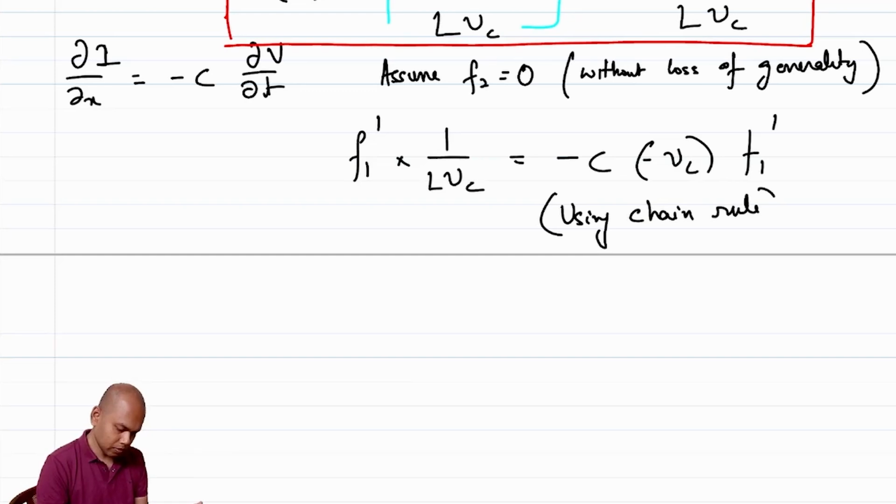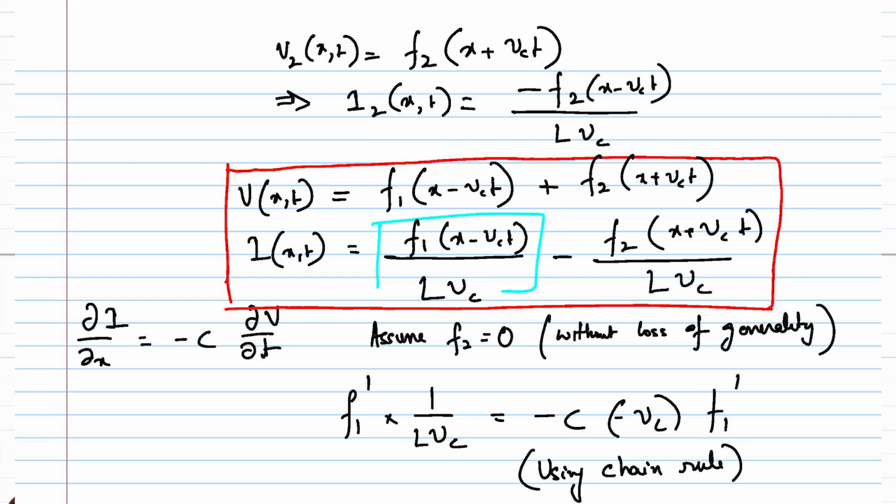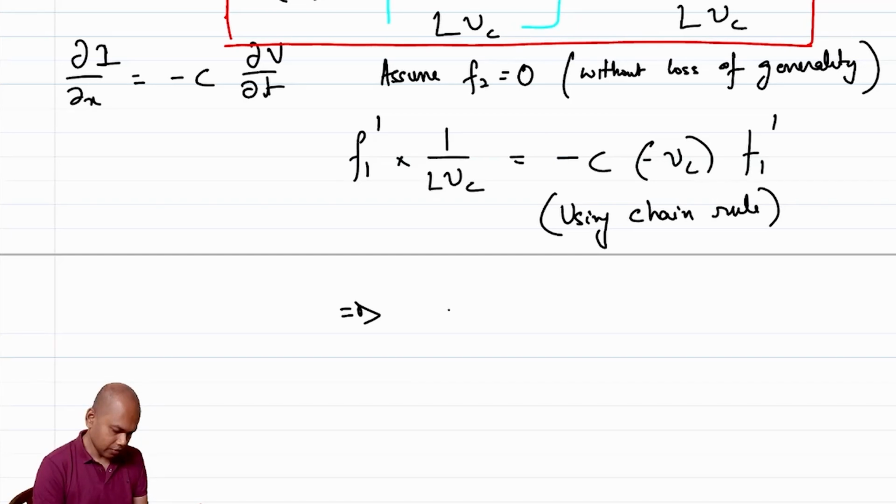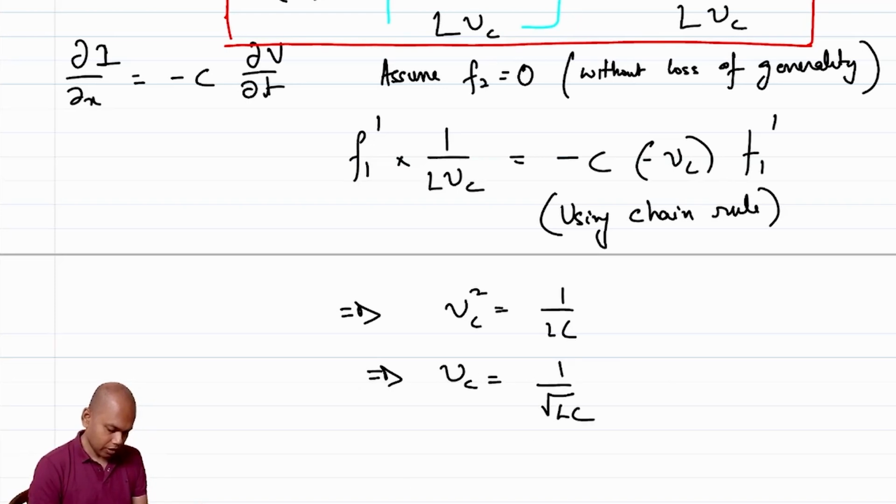So you essentially get VC square to be equal to 1 by LC, or VC to be equal to 1 over under root LC. Okay.